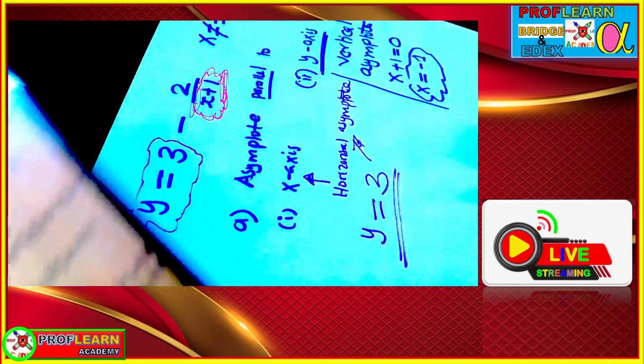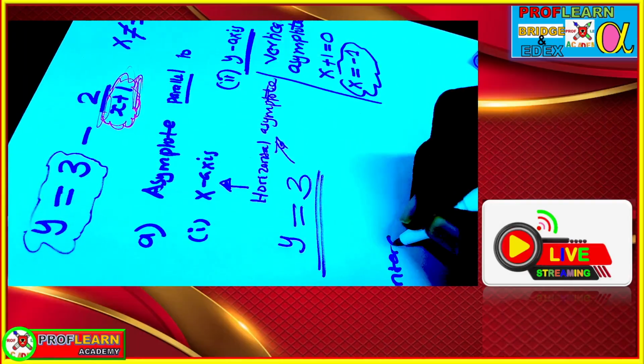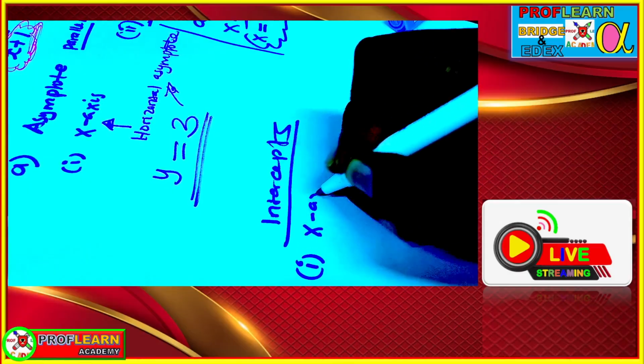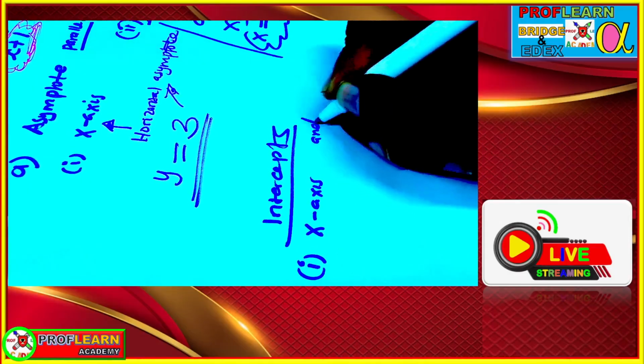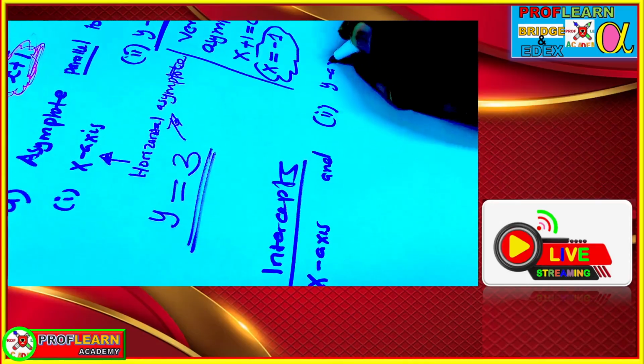A question for intercepts. So we are finding for Roman 1 x-axis and Roman 2 y-axis.